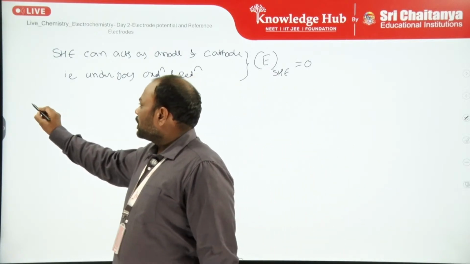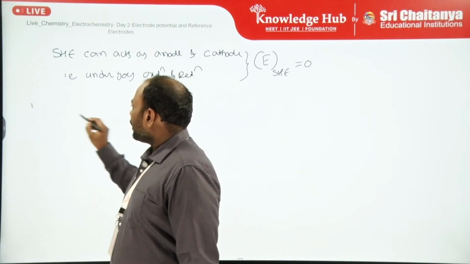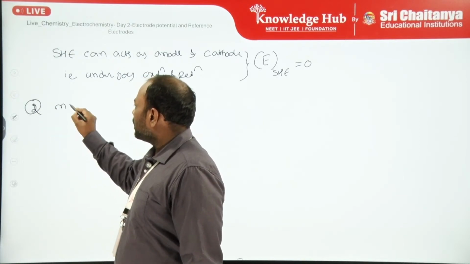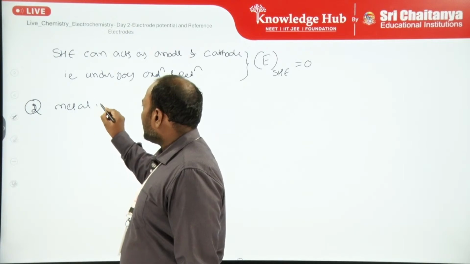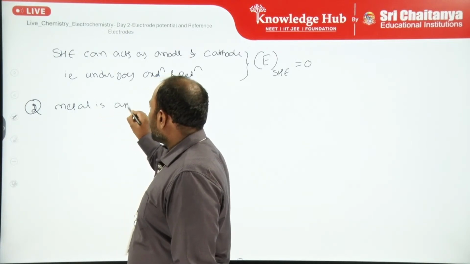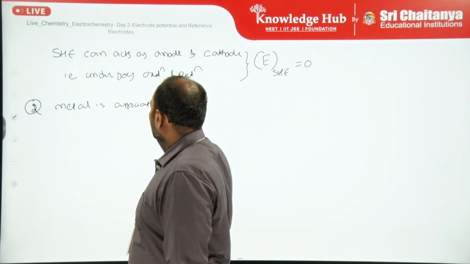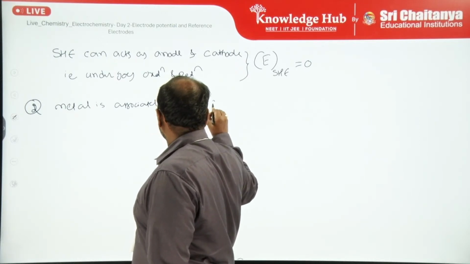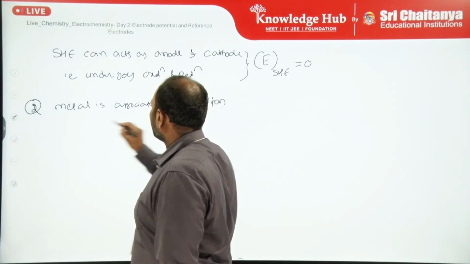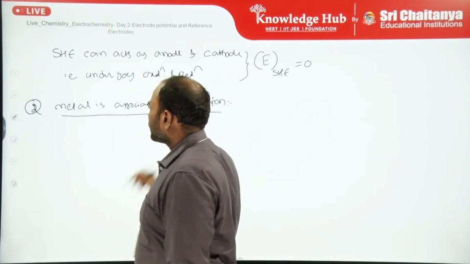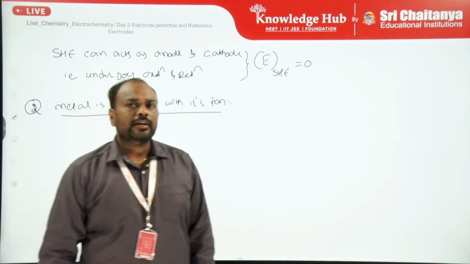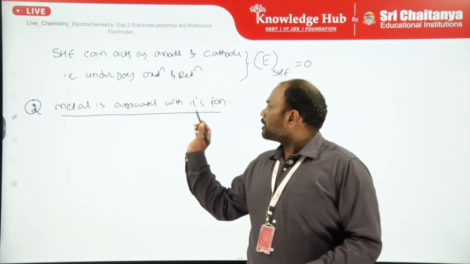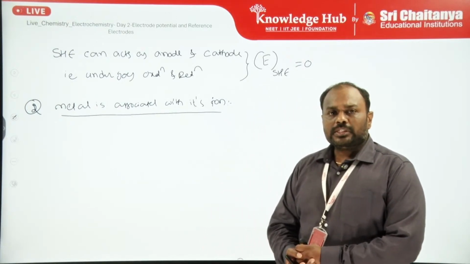See this one. Another, second example: a metal associated with its ion. This is the second type of reference electrode. If a metal is associated with its ions, the same type of ions are present, then that one is also acting as a reference electrode.